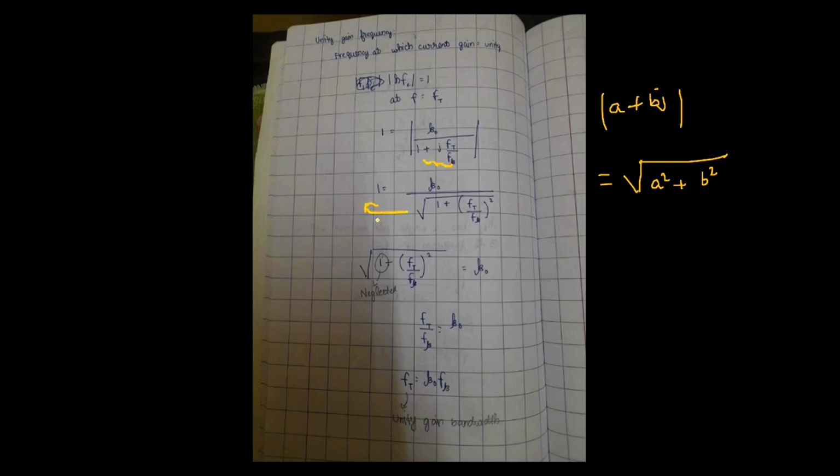So we just transport this there, and since ft and f beta are comparatively high values, we neglect 1 here and we are left with ft by f beta is equal to beta naught. So ft is equal to beta naught into f beta. This is called unity gain bandwidth. That is, at this particular value of frequency, the current gain that you are getting will exactly be 1.